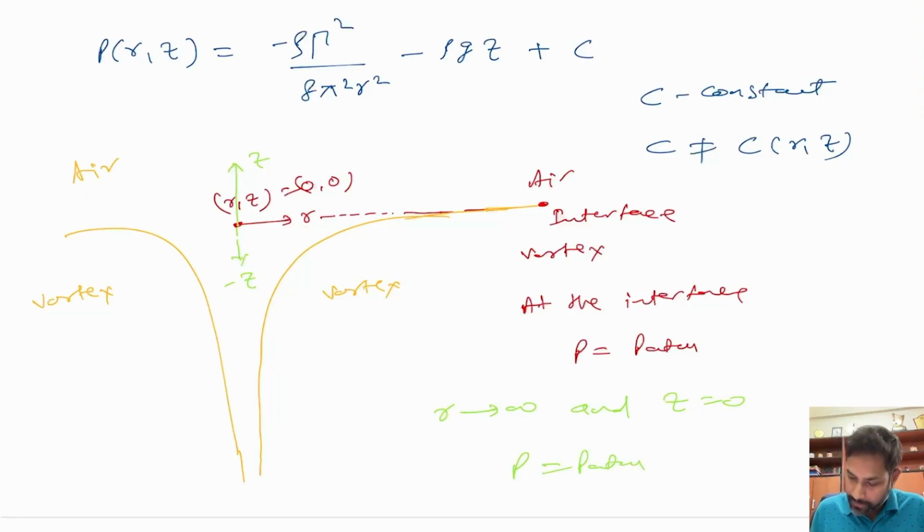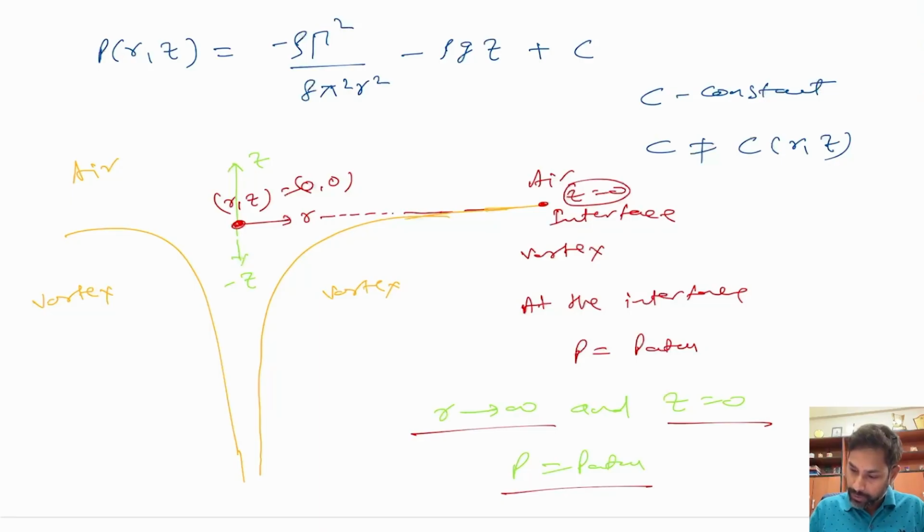Okay, and we are assuming z equal to 0 because this is how we have defined the z here, this point, right? So here this is actually z equal to 0 location.